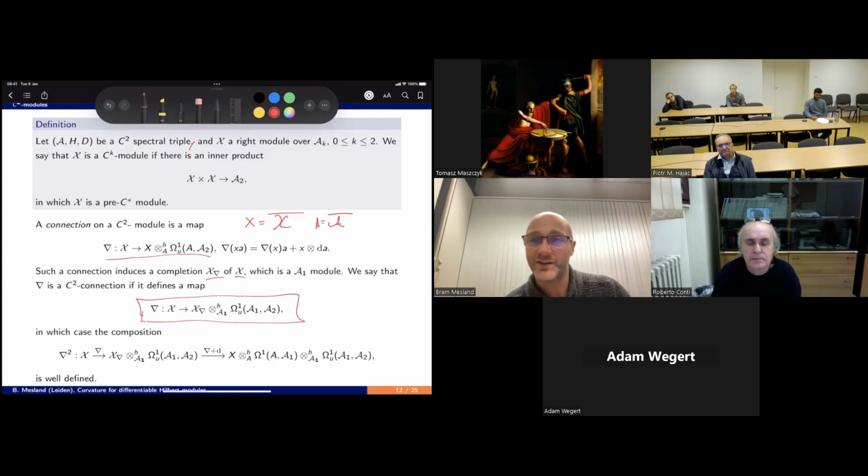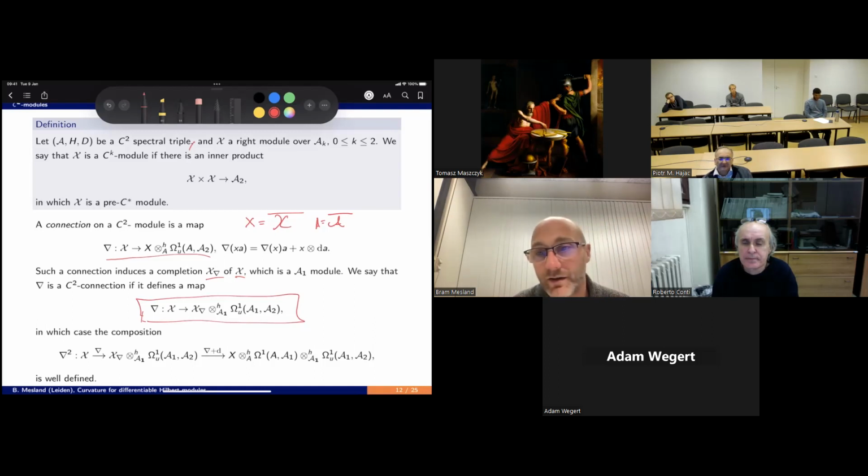What I need to do is first complete my module using the connection, and that tells me what the C1 submodule is. And then I say my connection is C2 if it actually restricts to a map from the curly X into this tensor product which features the C1 completion. And this is not circular. This is simply how one has to do it.